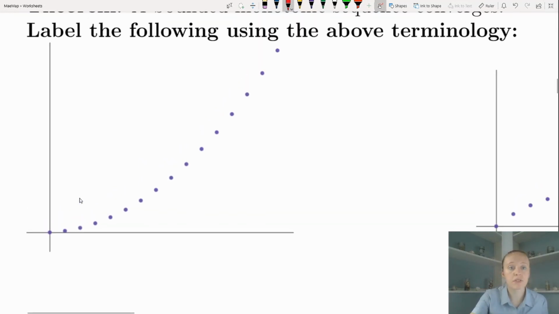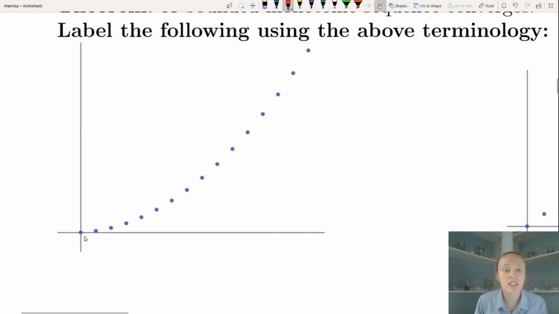So if you notice for this first one, each of these dots represents the value of our term, and this is as n increases, these terms represent our a sub n. Well, a sub n plus 1 is always what compared to a sub n? We're always greater than. So right away, we know that this is indeed increasing.